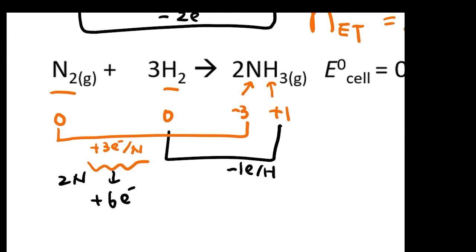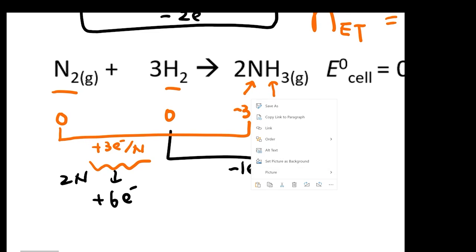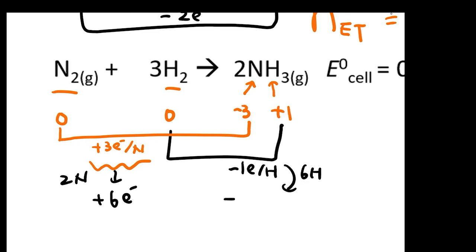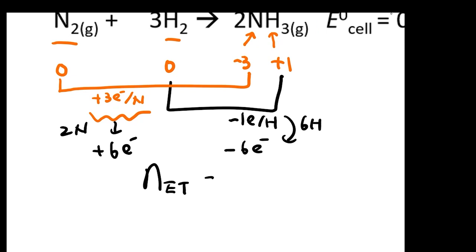How many hydrogens do you have? Also 6. Since you have 6 hydrogens, you are going to lose 6 electrons. By doing this simple analysis, for your LEO you lose 6 electrons, and for your GER you gain 6 electrons. They must be the same. So the number of electrons transferred in this reaction is going to be 6.